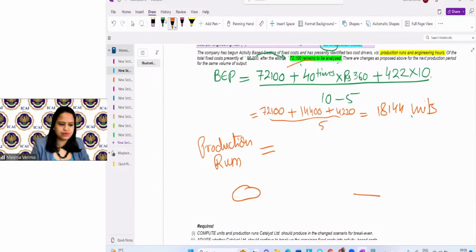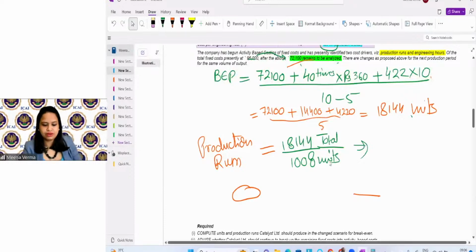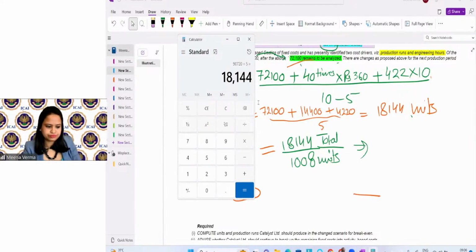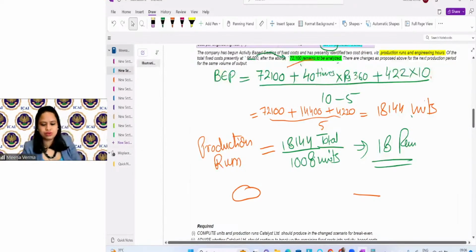By considering these values. 18,144 divided by how many units we have in one run? 1008. At the break-even point we have this many units in total. If you divide them, you will get the number of runs: 18 runs. So in this way, you can find the total runs here.